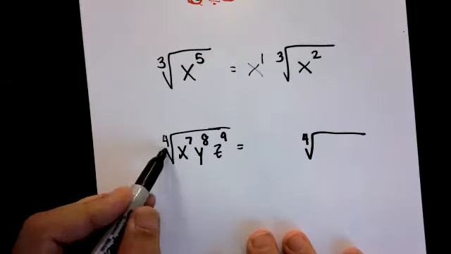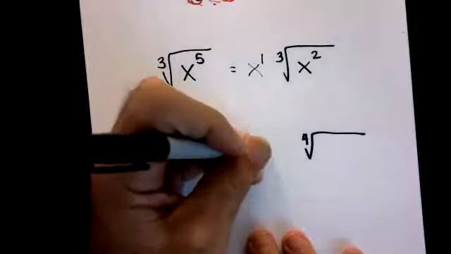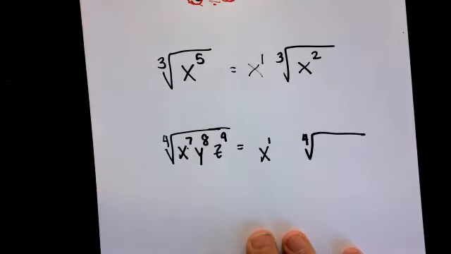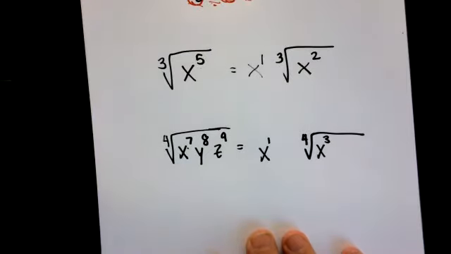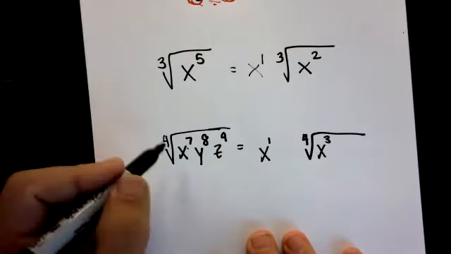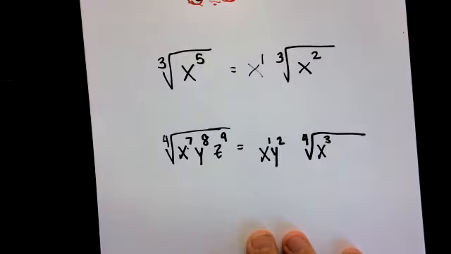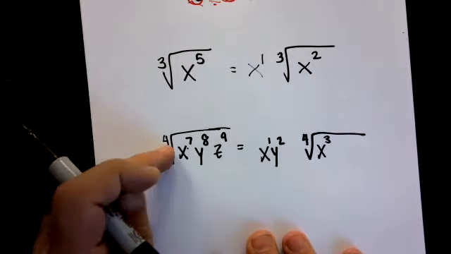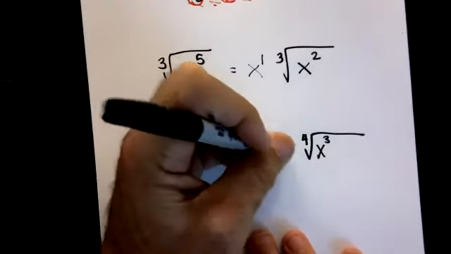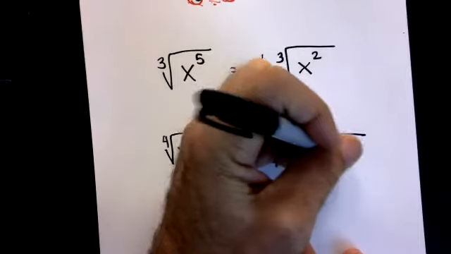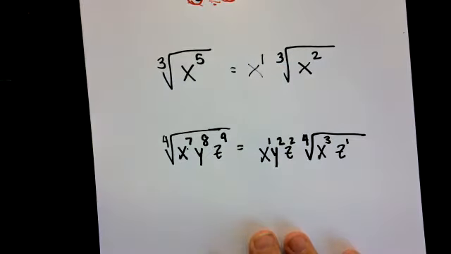Okay, 4 goes into 7 one time evenly with 3 left over. 4 goes into 8 twice evenly with none left over. And then 4 goes into 9 twice with 1 left over.